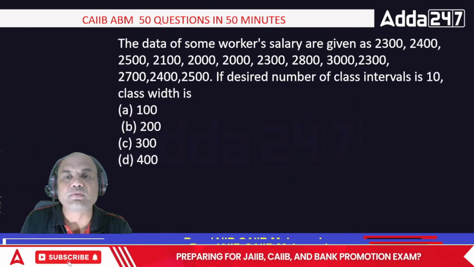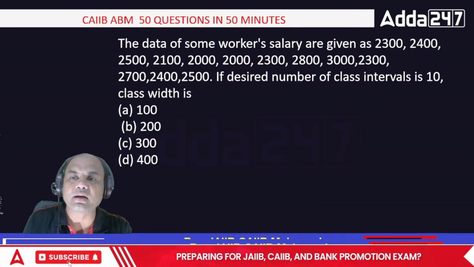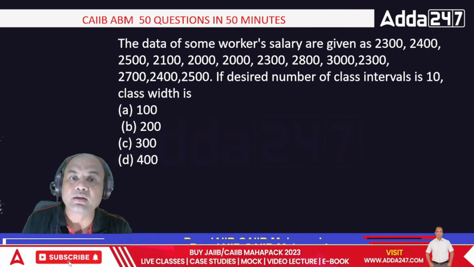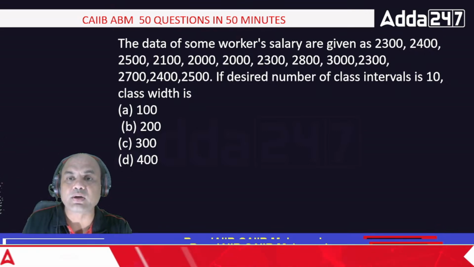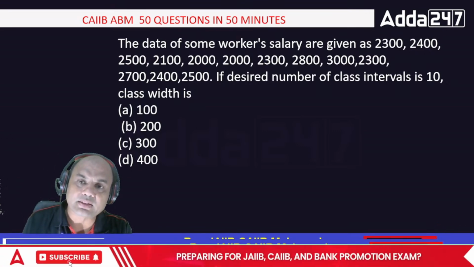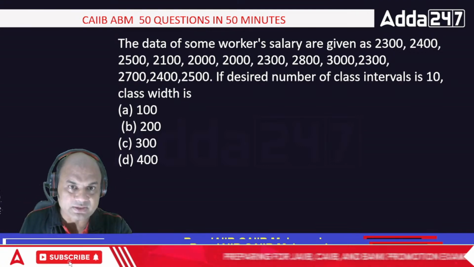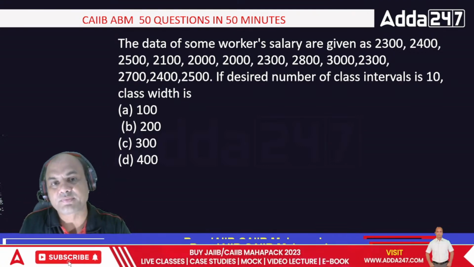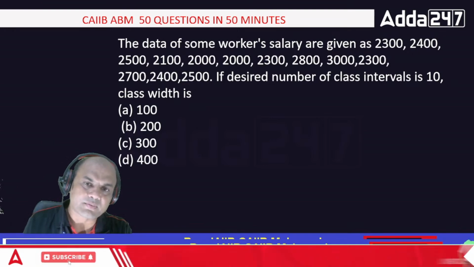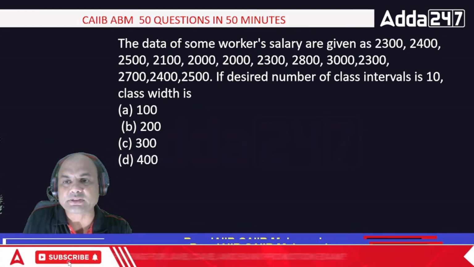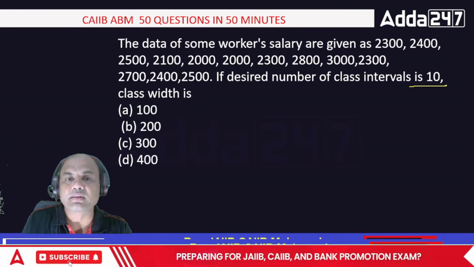The data for some workers' salaries are given as 2300, 2400, 2500, 2100, 2000, 2000, 2300, 2800, 3000, 2300, 2700, 2400 and 2500. My God, huge data, isn't it? If the desired number of class intervals is 10, the class width is?